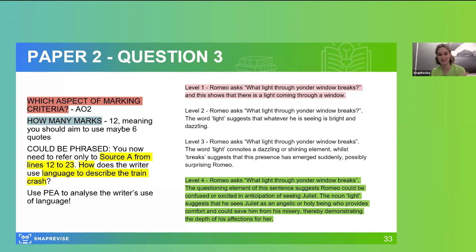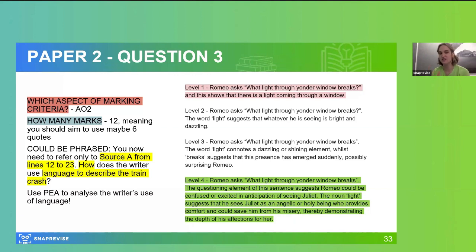The questioning element of this sentence suggests Romeo could be confused or excited in anticipation of seeing Juliet. The noun light suggests that he sees Juliet as an angelic or holy being who provides comfort and could save him from his misery, thereby demonstrating the depth of his affections for her.